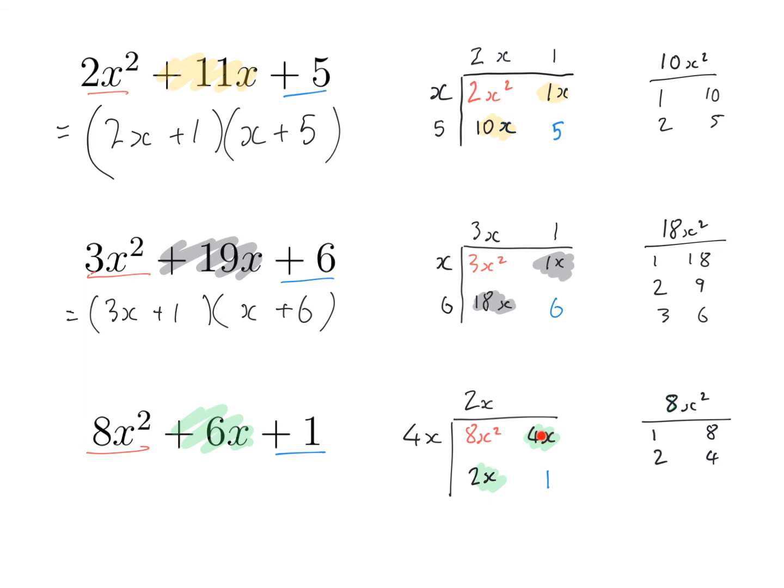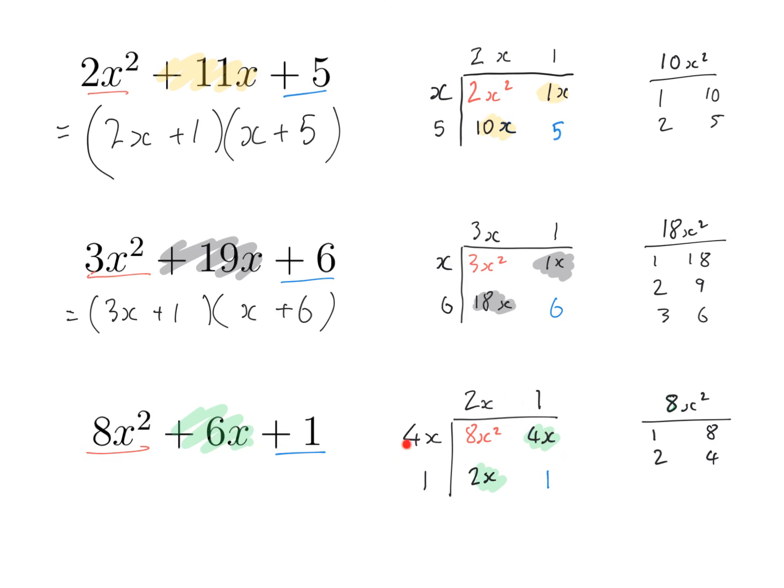I've got 4x here, so I've got one lot of 4x. Down the bottom, 2x will go into this 2x one time. 1 times 2x will give me this 2x. And the last box, I can do a quick check there. 1 times 1, yep, that's 1.